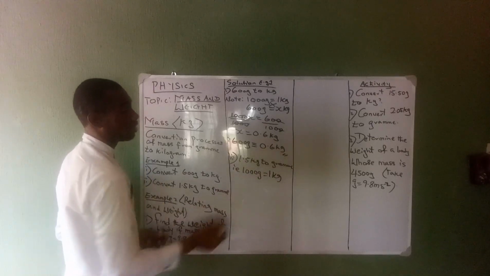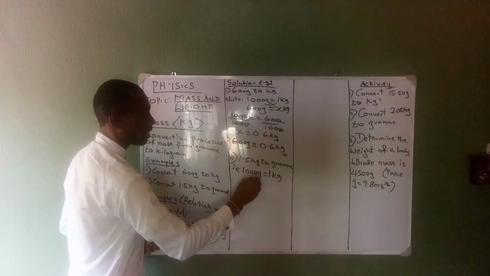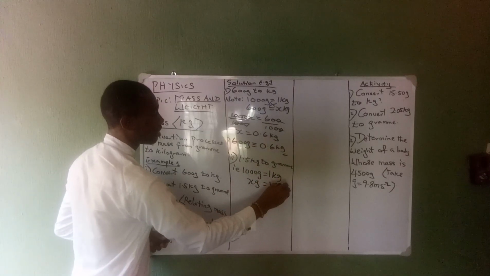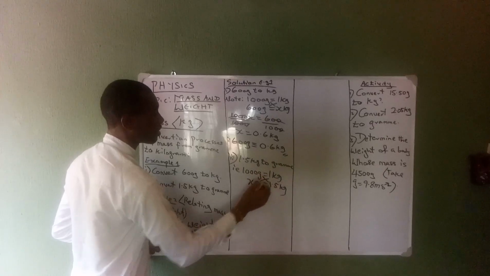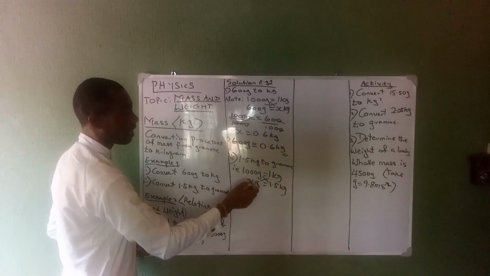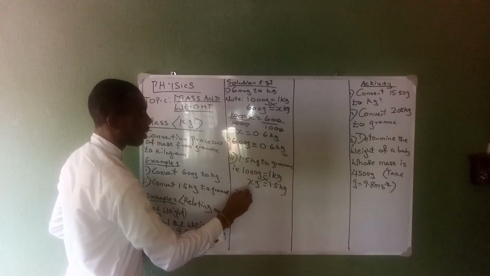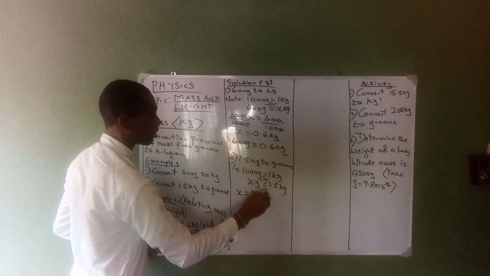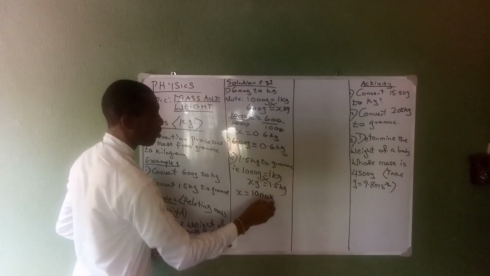Then if 1000 gram is equal to 1 kilogram, let x gram be equal to 1.5 kg. In this process we cross and multiply. If we cross and multiply, x times 1 gives x, equal to 1000 times 1.5.